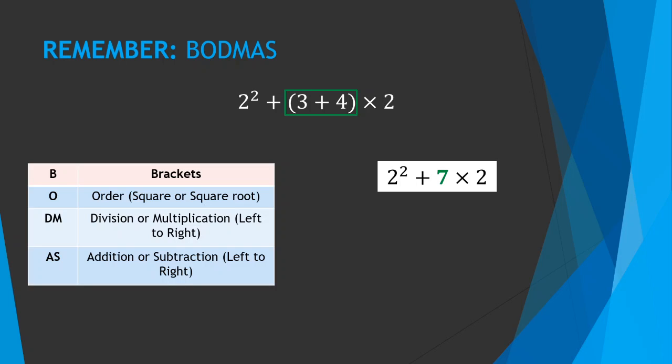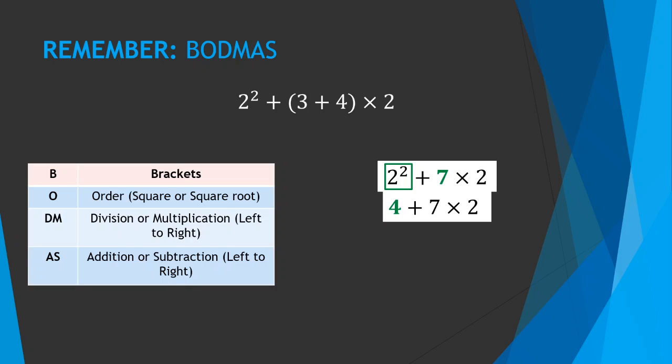Then the next thing is to look at the O, which is the order, which is either squaring numbers or square rooting numbers. And you can see that our first term is a squaring number. So let's solve that. 4 plus 7 times 2.